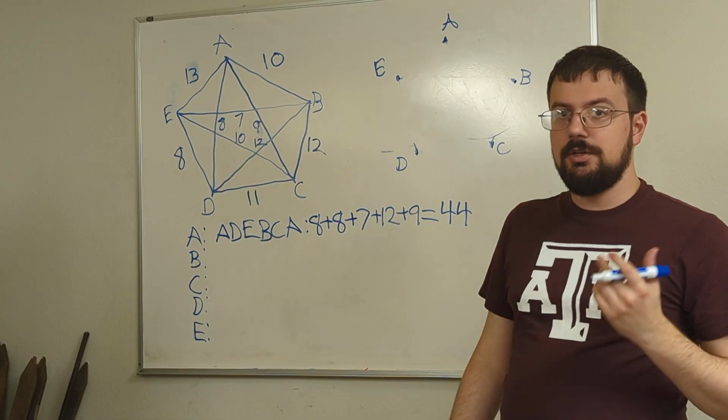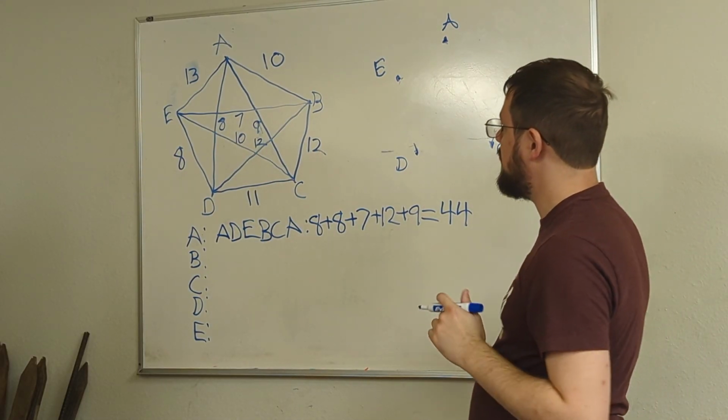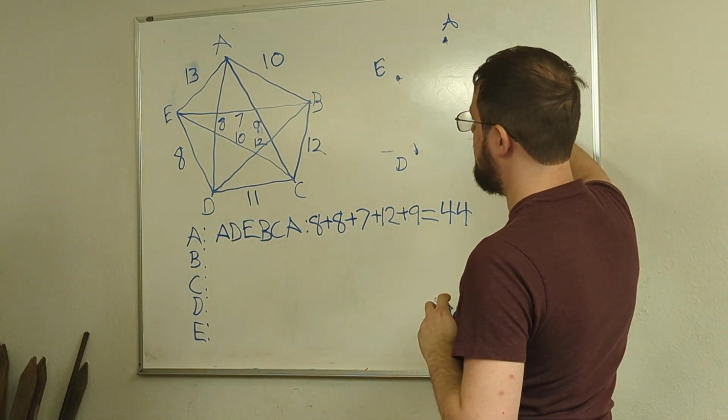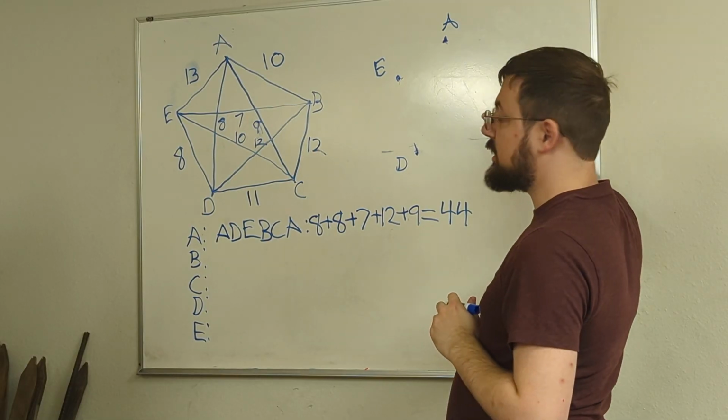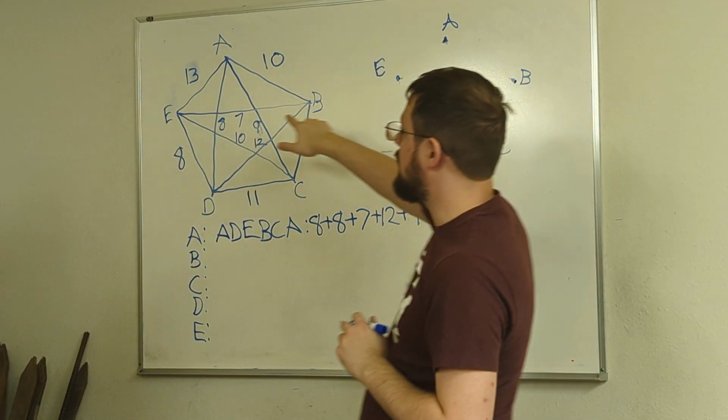the next one that we're going to do is starting and ending at B. If we start at B, our nearest neighbor is going to be E because it's only 7.